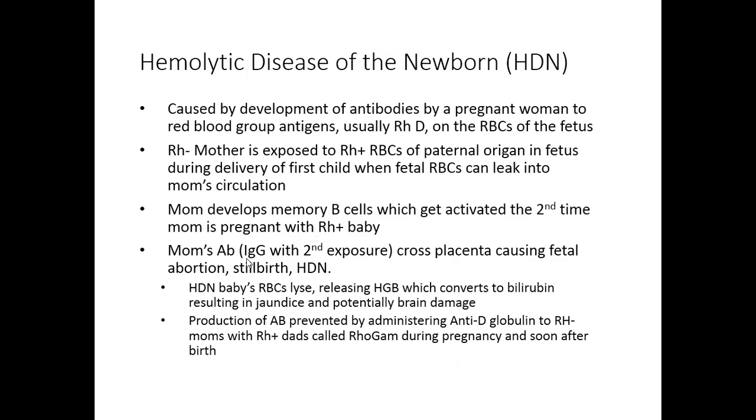So the next of the major diseases of type 2 hypersensitivity reactions is hemolytic disease of the newborn. This again is going to be another antigen-antibody reaction, and we're going to see a picture on the next slide that will be helpful. But this is caused by a mother who is lacking a specific antigen, usually called the Rh factor.